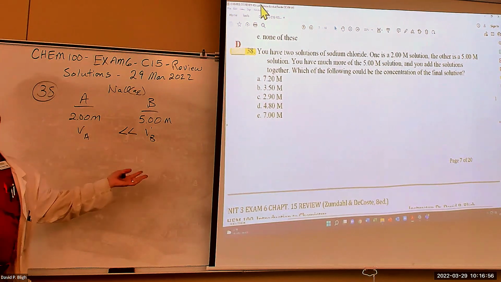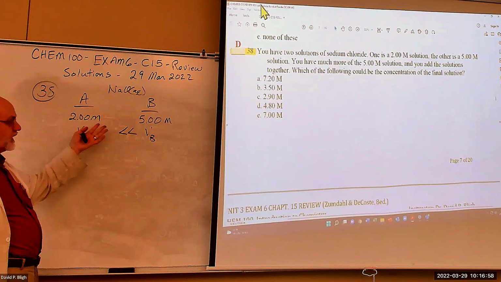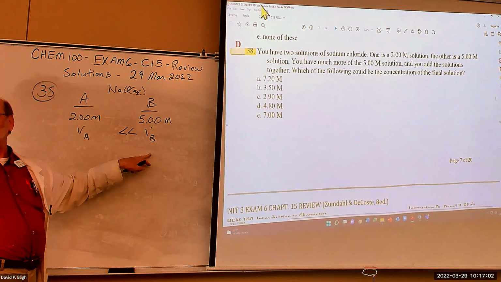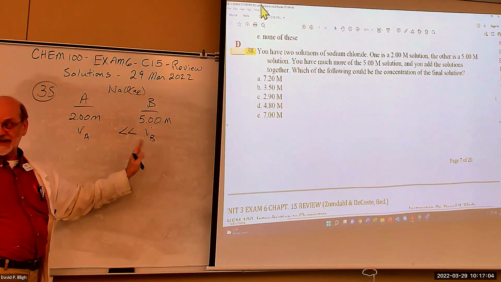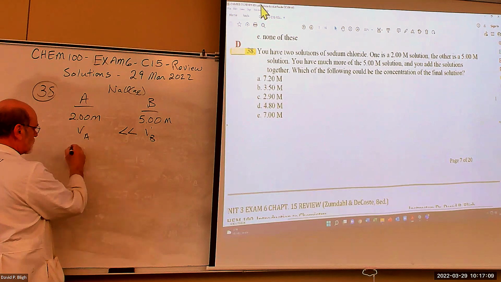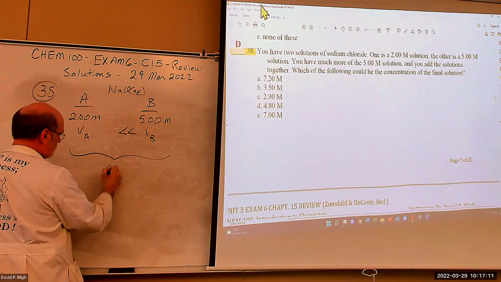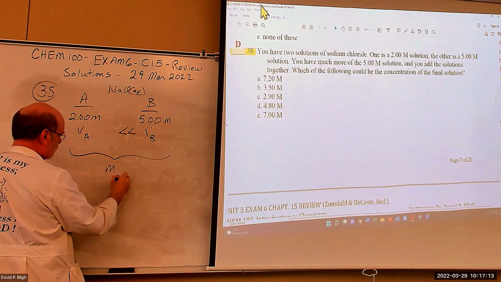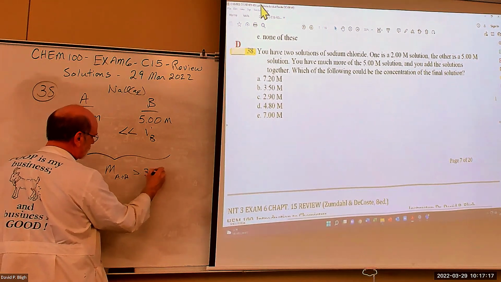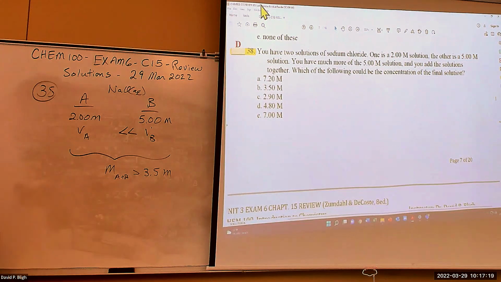It'd be halfway in between, right? So it'd be 3.5. But it's not that because this one's greater. So it's got to be greater than 3.5, definitely. So the concentration of the mixture, A plus B, must be greater than 3.5. We know for sure.